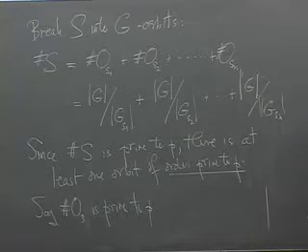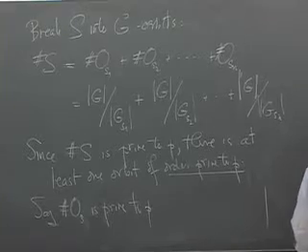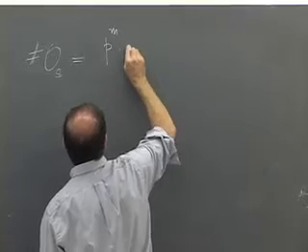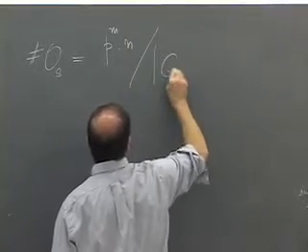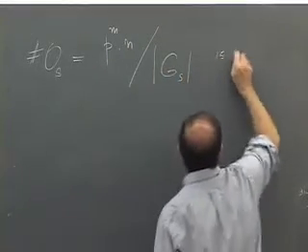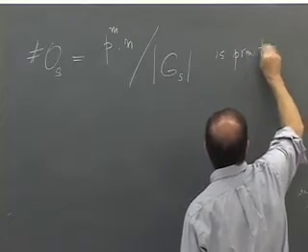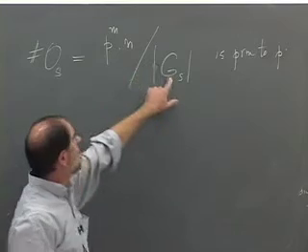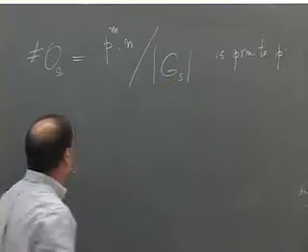Since the order of OS is equal to the order of G, p to the m times n, divided by the order of GS, is prime to p, we must have this power of p dividing the order of the stabilizer.